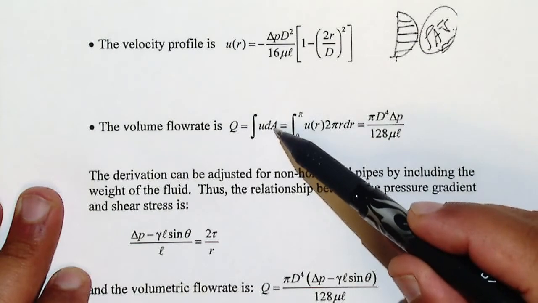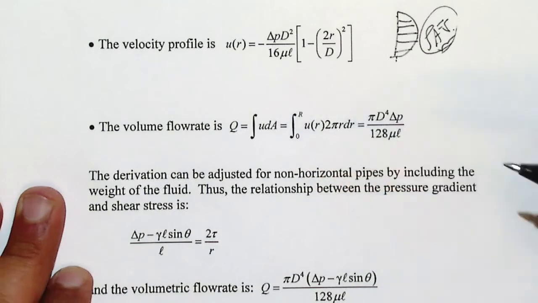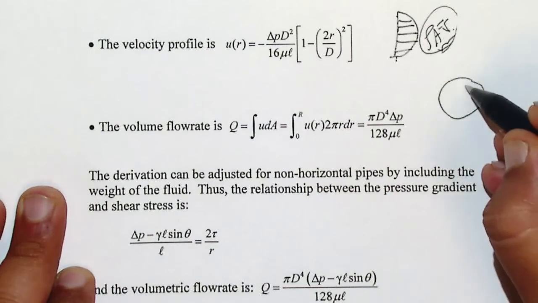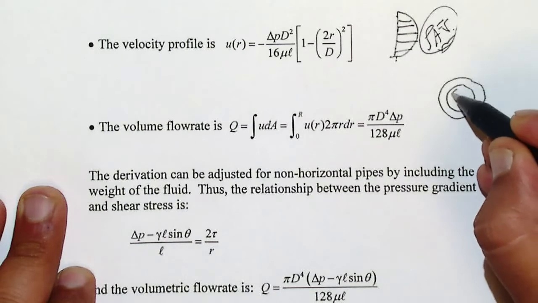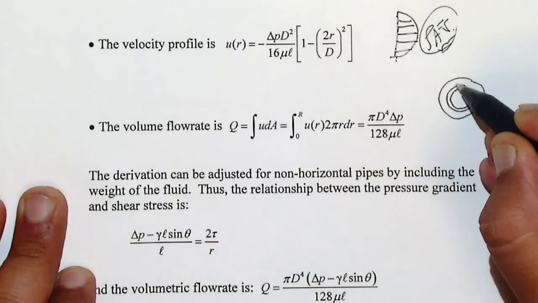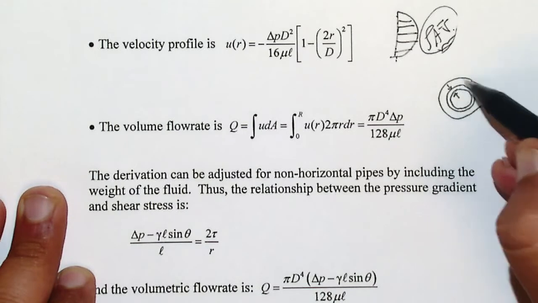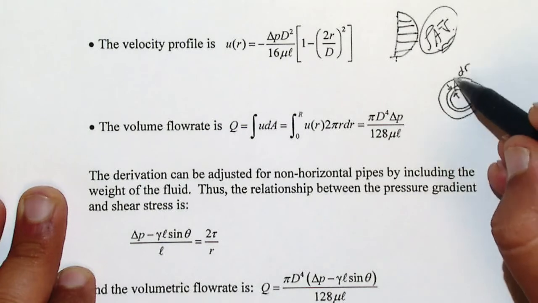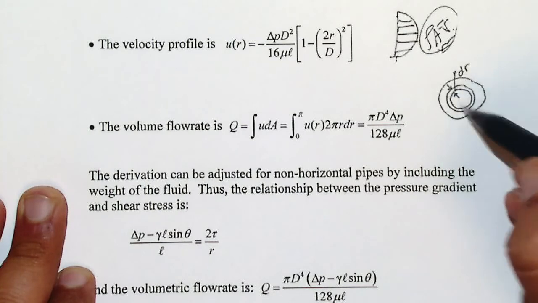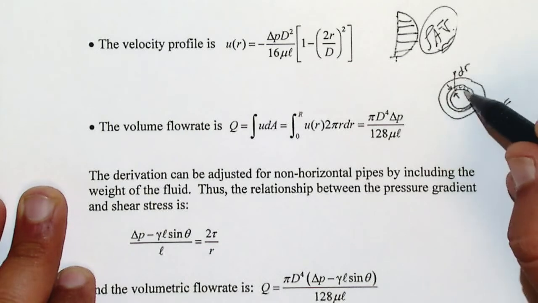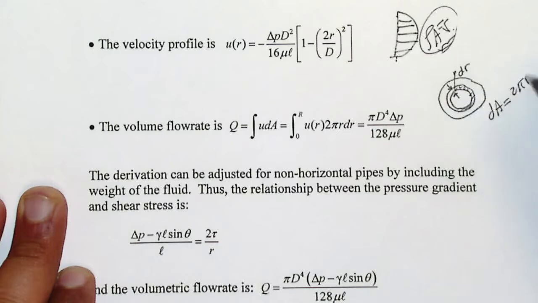But again, dA you have to replace by 2 pi r dr. I'll consider that this is my cross-section area, and I take a very thin shell here, whose thickness is dr. If that's dr, what would be the area? The area of that is dA. So dA is going to be the perimeter of that times dr, so 2 pi r dr.